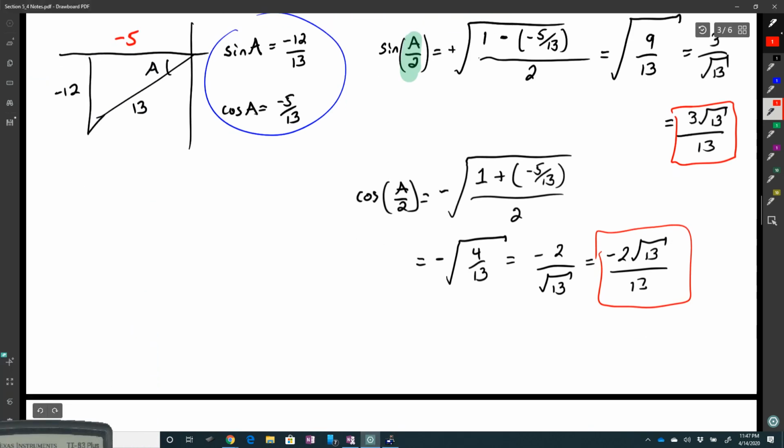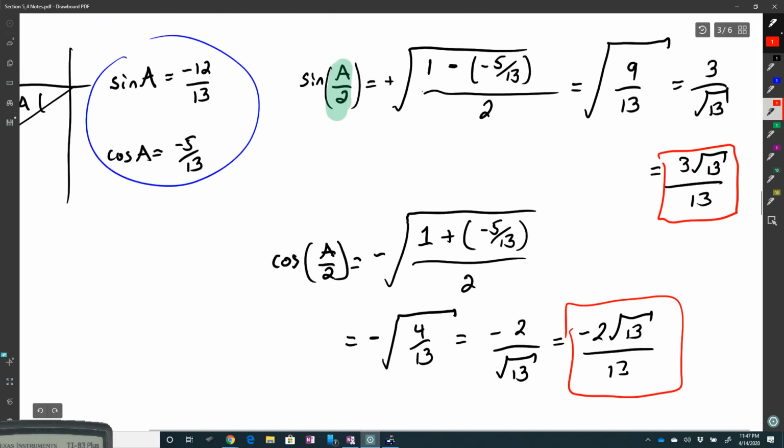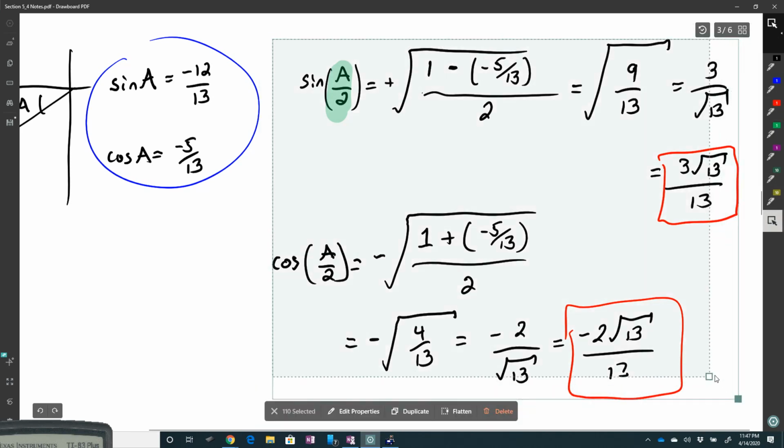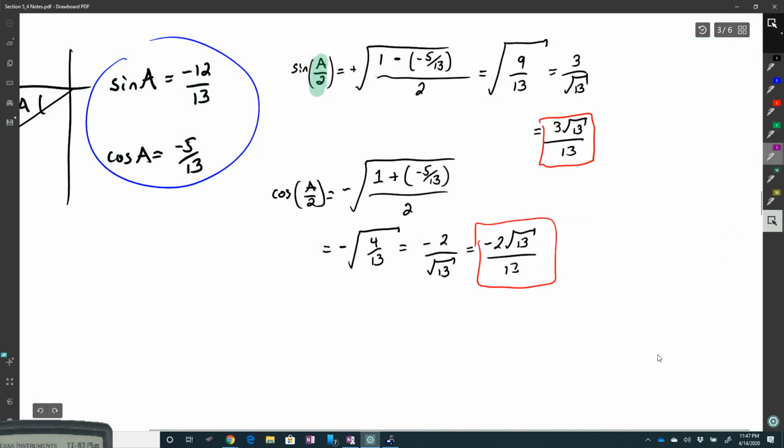Now from those, we can get secant and cosecant. Let me shrink these because they're taking up too much room. For secant and cosecant, I'm going to use the formula I had right before I rationalized it, because that'll make life a lot easier.